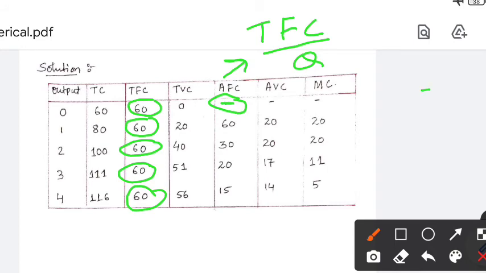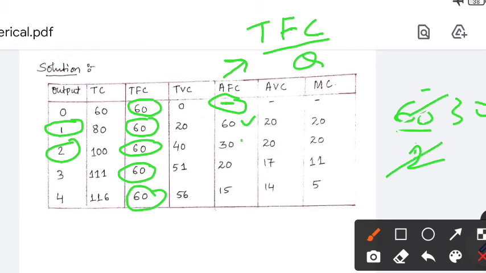Next, AFC will be TFC by Q. TFC was 60 and here output was 1. So 60 divided by 1 is 60. Next, 60 divided by 2, that is 30. Similarly, we got 60 divided by 3, that is 20. Then 60 divided by 4, 15. So this way we got our AFC.